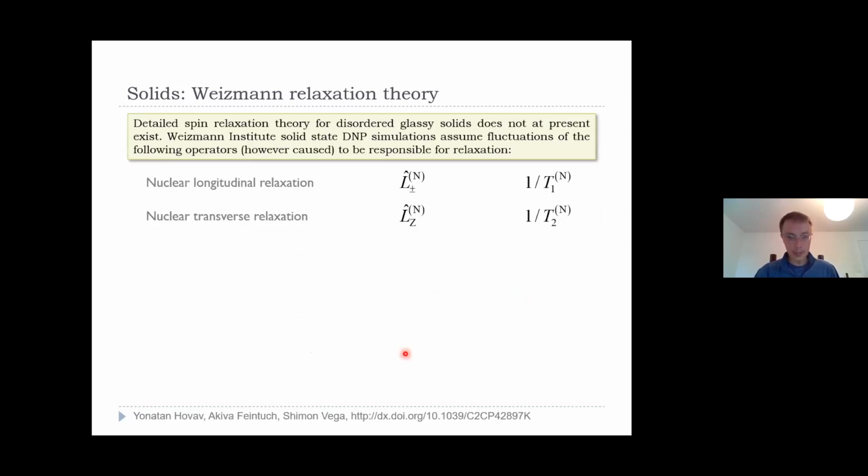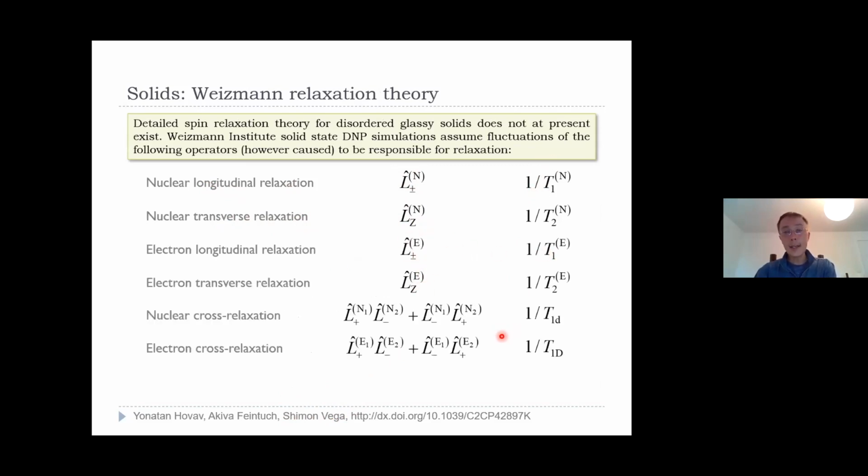Quite unsurprisingly, Szyman, Vega and company haven't been satisfied with that at all. So they have made it a bit more detailed. They assigned individual operators that they assumed responsible for nuclear longitudinal and transverse relaxation, specific rates, did the same for the electrons, and from the insights that they had into internuclear and electronuclear spin dynamics, they saw it mostly flip-flops.